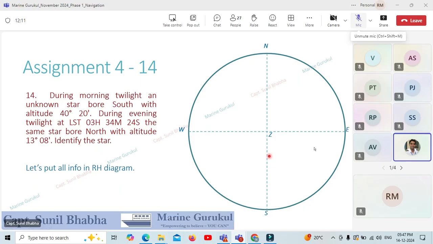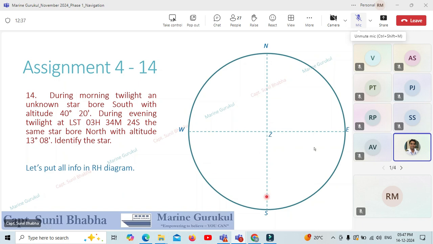Now we know the radius of this diagram is 90 degrees, because its center is the zenith and the circumference is the rational horizon. Every point on the rational horizon is 90 degrees away from the zenith. So the radius is 90 degrees and the altitude of the star is 40 degrees 20 minutes, meaning it is 40 degrees 20 minutes above the horizon.